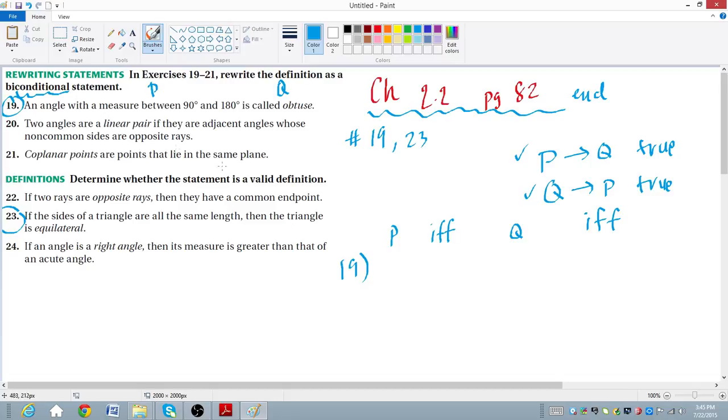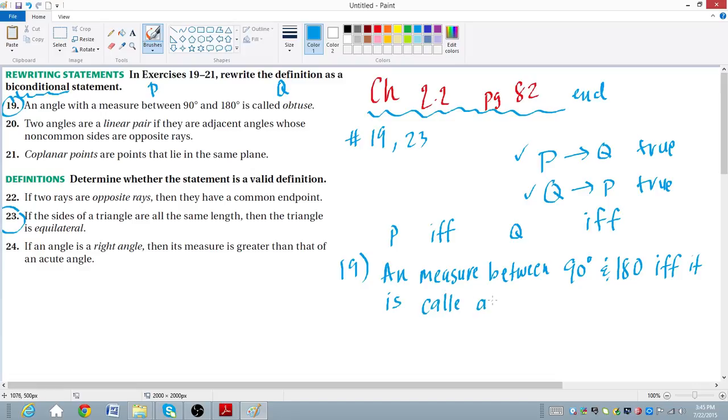So what I mean by that is, an angle measure between 90 degrees and 180 if and only if, now put Q, it is called obtuse.